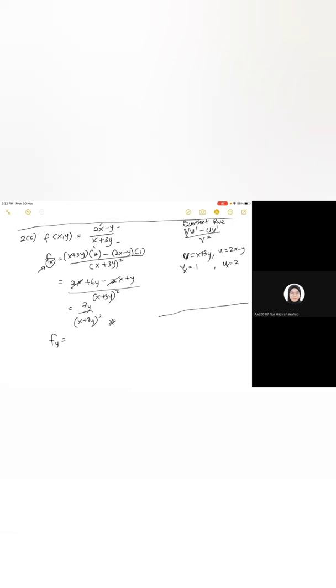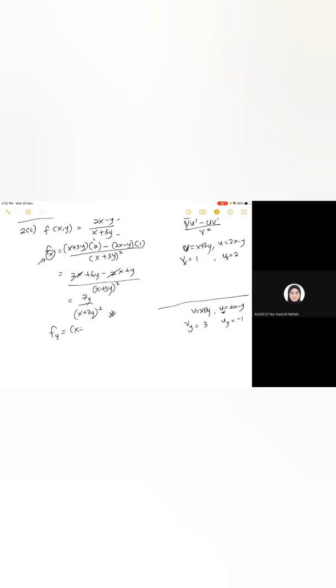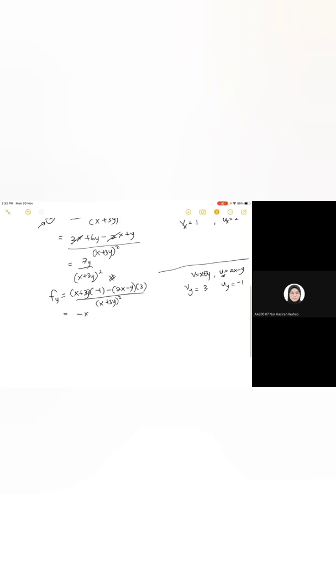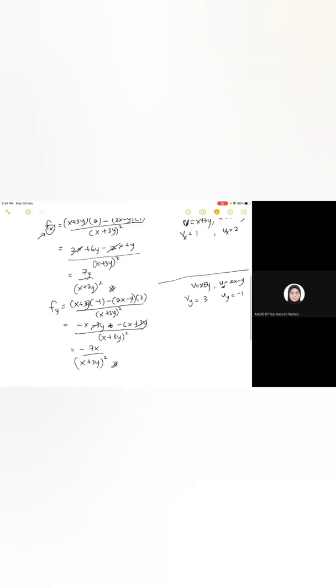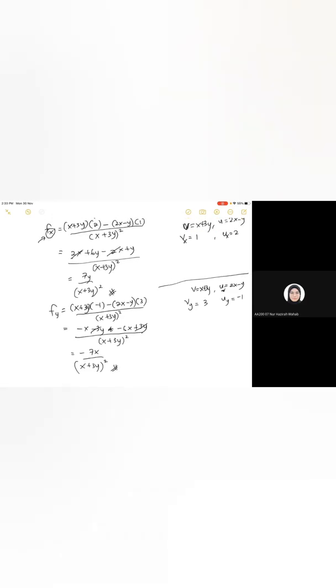Now for fy, your v is still the same, x plus 3y, and your u is still the same, which is 2x minus y, but now you differentiate with respect to y, which will be 3 and this one will be negative 1. Okay, so we'll get the answer as this.